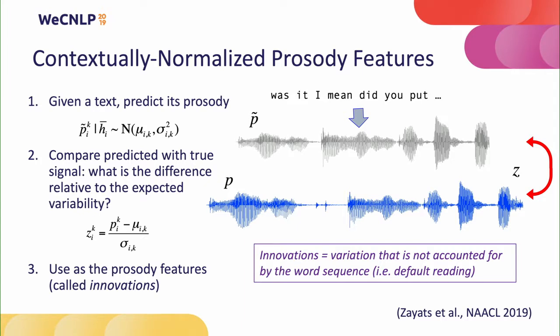It's a normalized residual. That turns out to be really important because in some places you just have a lot of variance. There's a lot of ways you can say things, and so that's fine. You don't get too uptight if you see something unusual. What we're trying to do is look for the things that are unexpected and unusual, because that's where we're going to carry information that complements what you get from the words. We call this innovations.